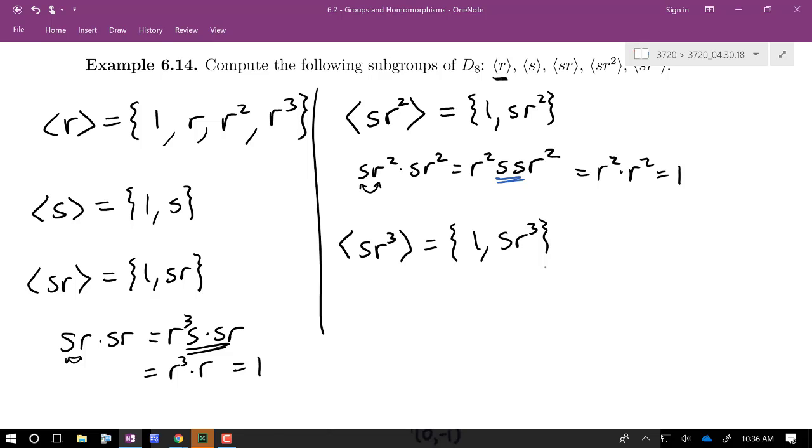So these are all cyclic subgroups, right? Because we just generated them by a single element. We have one cyclic subgroup of order 4 comprised of the rotations, and then S, SR, SR squared, and SR cubed generate their own subgroups of order 2.